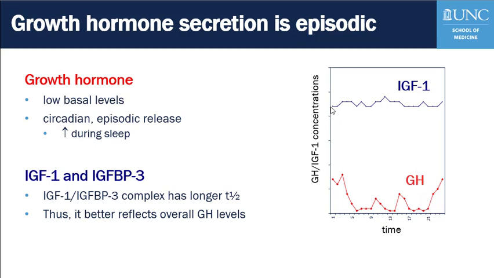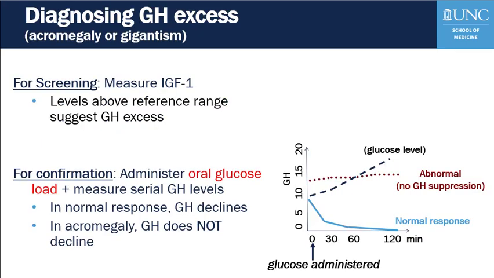On the other hand, the intermediary that growth hormone stimulates from the liver, IGF, has a longer half-life, and as a result, it better reflects the overall growth hormone during the day. IGF-BP3 stands for IGF binding protein, and together with IGF, it forms a complex and also has a more stable half-life.